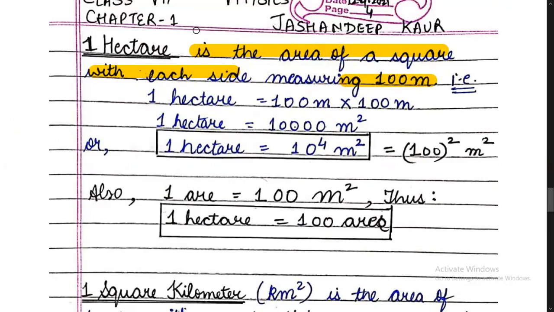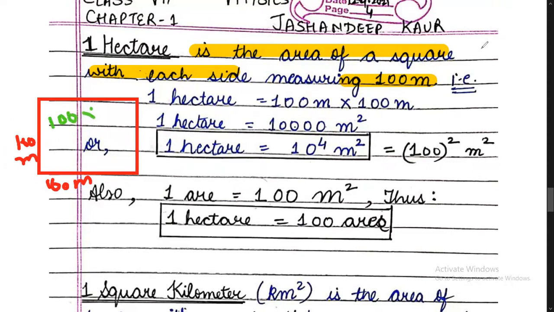Now suppose we are having a square of side 100 meter. So what will be its area? Its area will be 100 multiplied by 100. In fact, its area will be 100 meter into 100 meter.